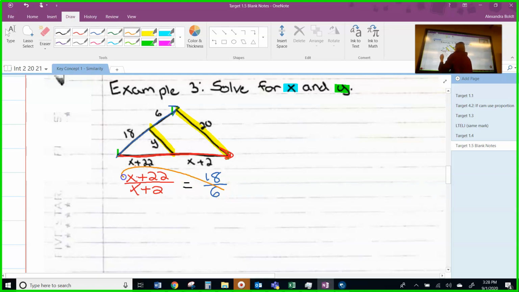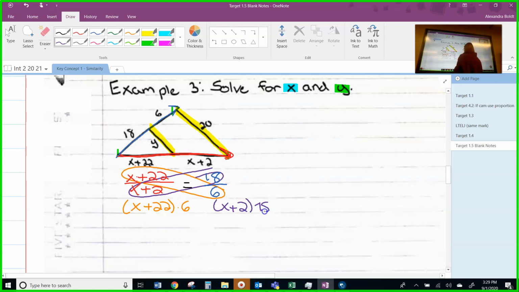We can cross multiply, so we have x plus 22 times 6 and x plus 2 times 18. And those are equal.